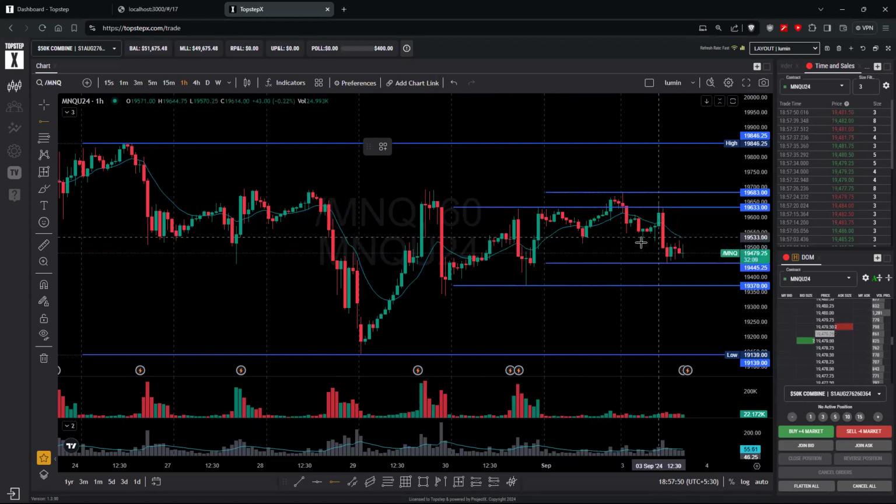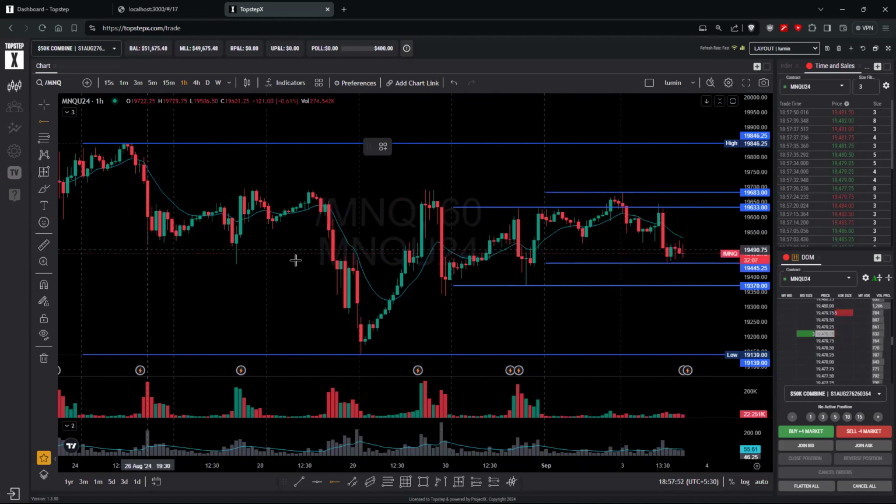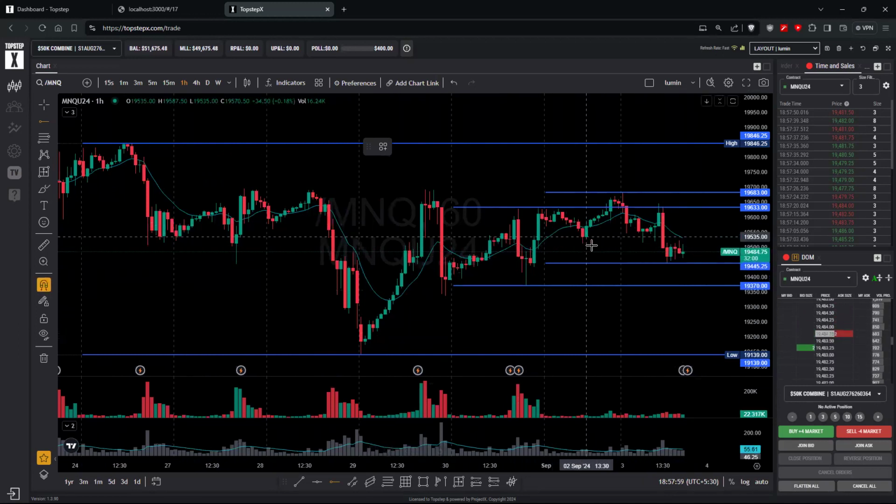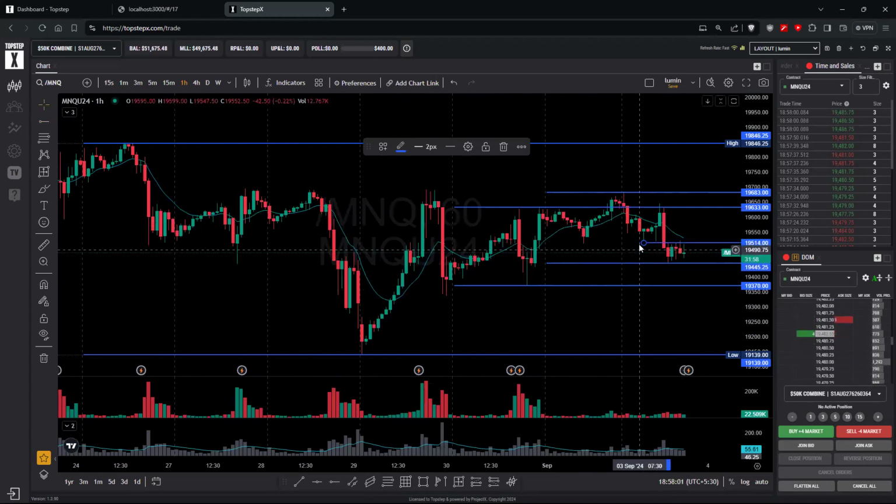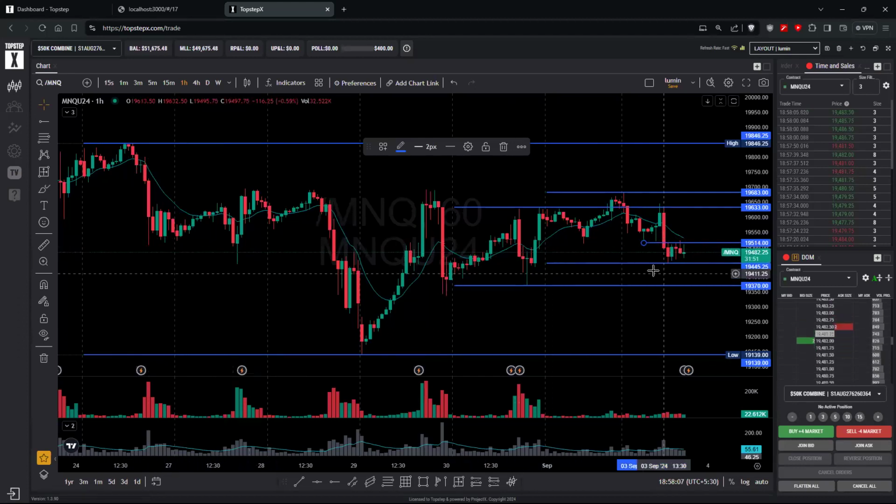It is around here, but we have taken into account the past data also. For the drawing's sake, I'm drawing near this level. You can see that it has covered all the rejections I was talking about.